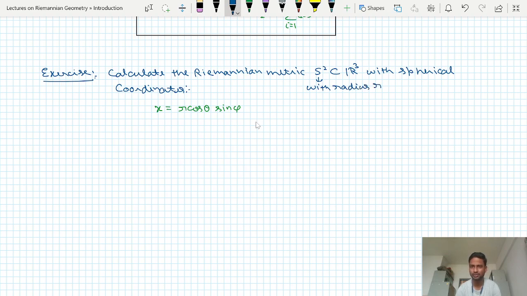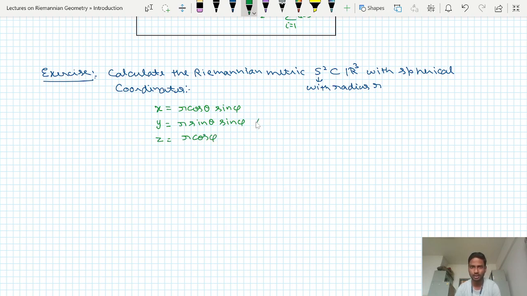I can also take a general sphere of radius r, no need to take the unit sphere. There I took the unit sphere because it was the n sphere, to make the calculation a little bit simpler. That's all. Okay. So y equals r sine theta sine phi, and z equals r cos phi.